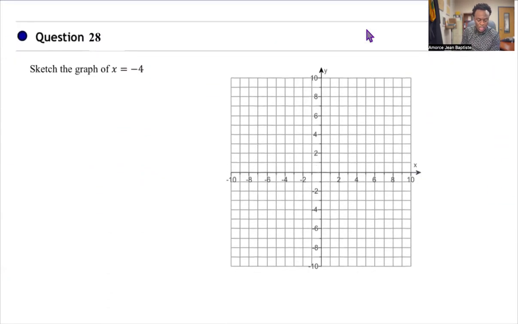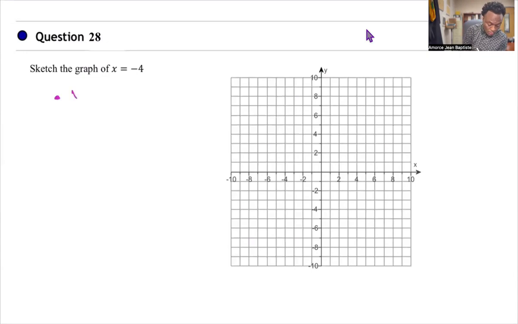Next is x equals negative 4. For this line, because there's no y, it's a vertical line. The slope of this line is undefined.